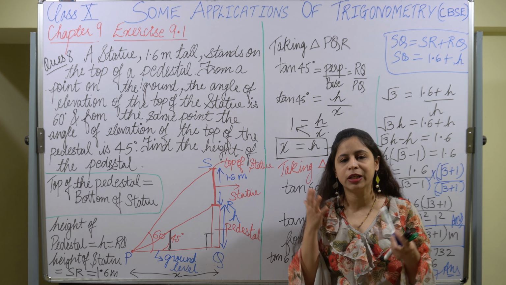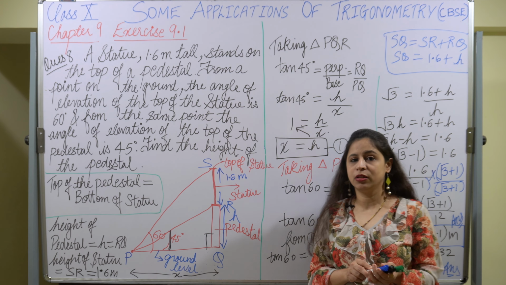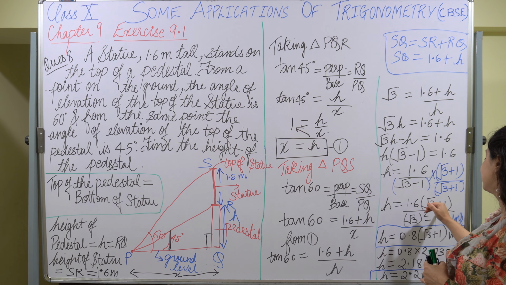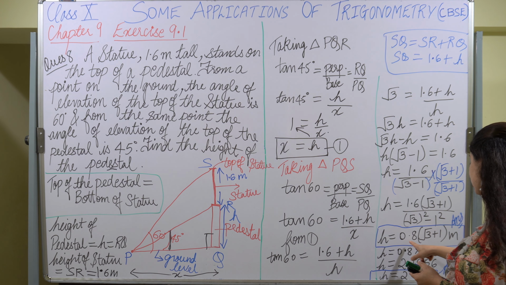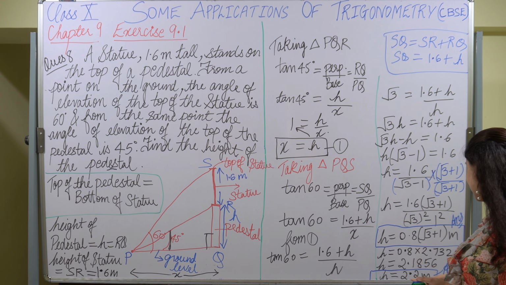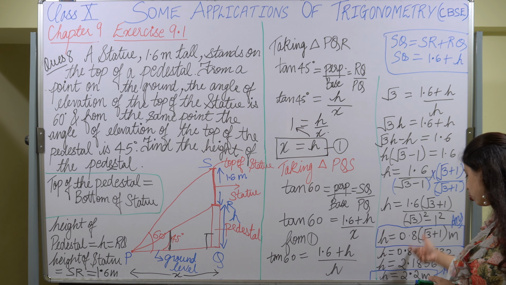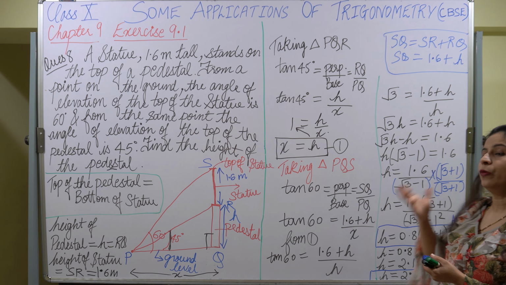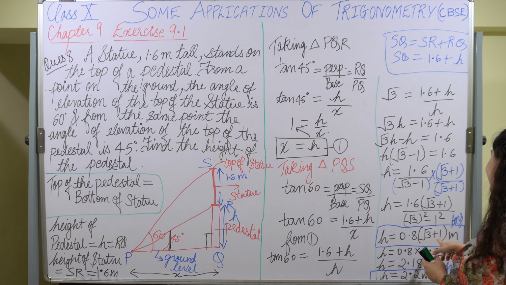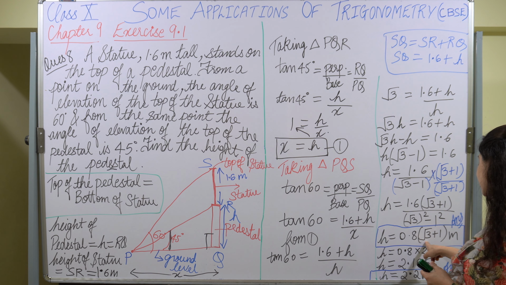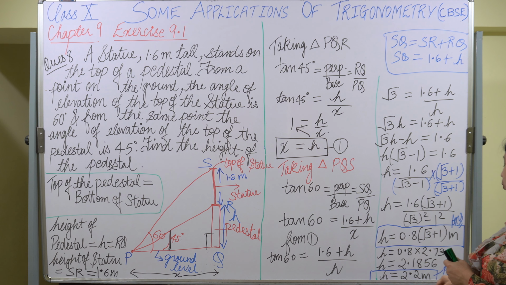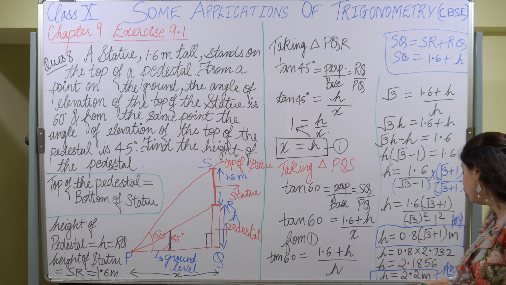In the denominator we cannot leave the answer in the form of a root, so we need to rationalize it. We rationalized it and got this value. Then I multiplied it with 2.732, which I got by adding 1 and 1.732, and I got my answer as 2.2 meters.